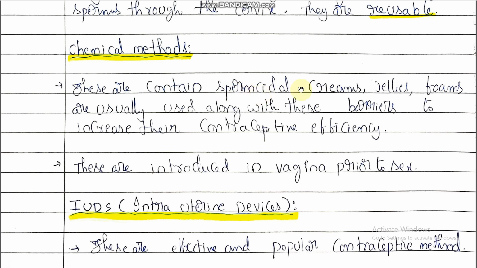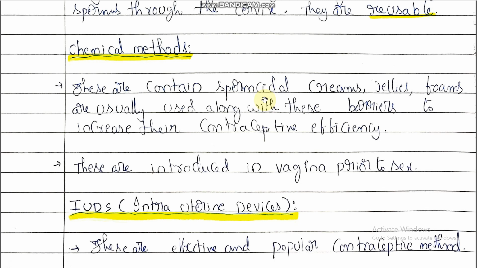So what are spermicidal creams, jellies, and foams? Spermicidal means killing of the sperms. The creams contain chemicals that kill the sperms, and jellies and foams also kill the sperms. The diaphragm, vault, and cervical cap block sperm entry into the uterus.